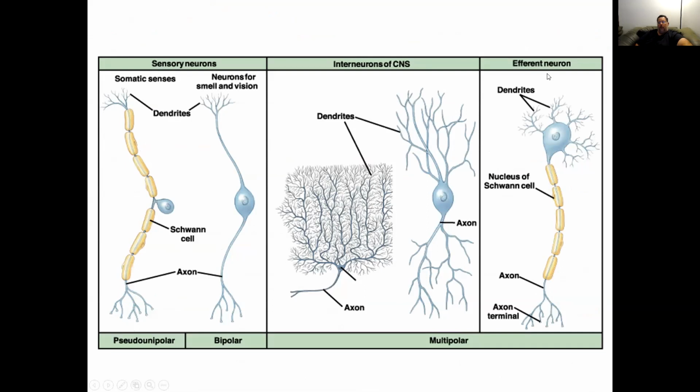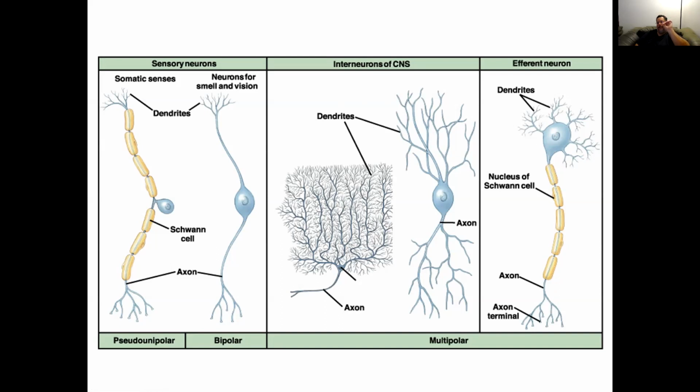Then you have over here on the right side our multipolar neuron, which is a motor neuron that's sending information to muscles. So they're the effector neurons, and these are the receptive neurons on the left. Now, there's also this group in the middle called interneurons. And as the name might imply, they're in between these two sets of neurons.